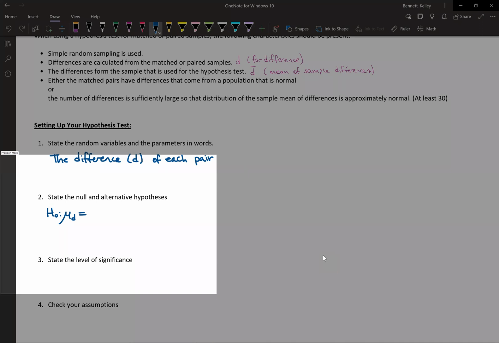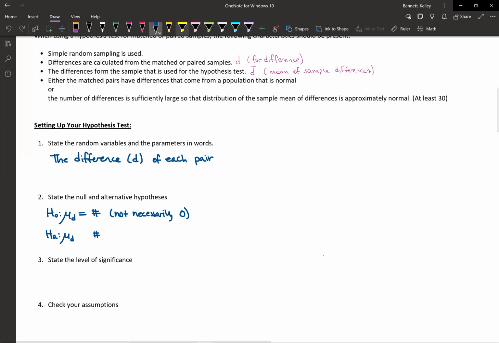We're going to be using samples because we're doing inferential statistics and hypothesis testing. So we always default to equality, and it's going to be some number, not necessarily 0 this time. And then the alternative hypothesis is mu d, this number, and we have to make that choice, right?